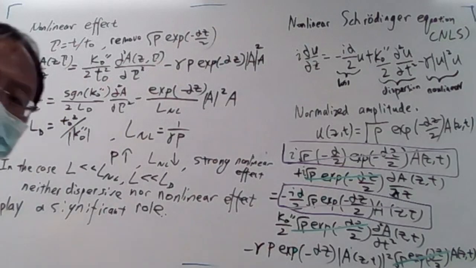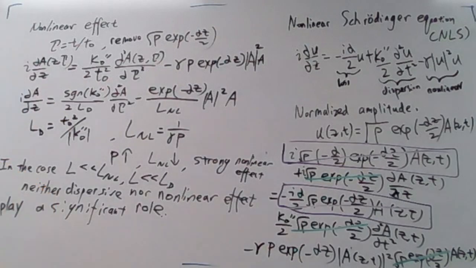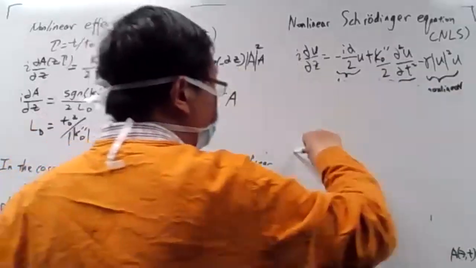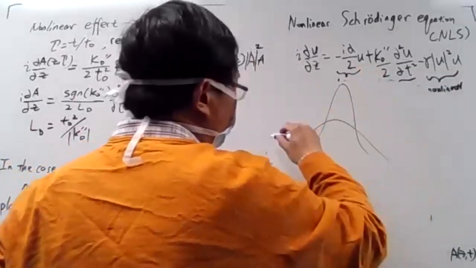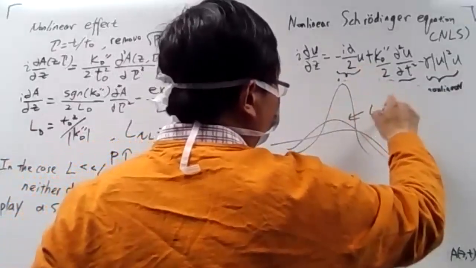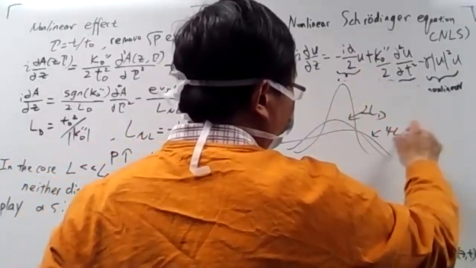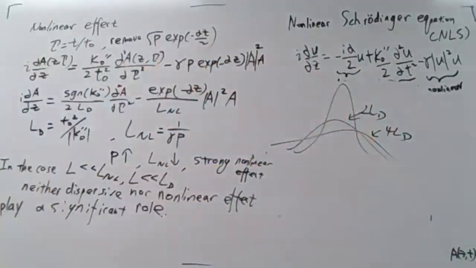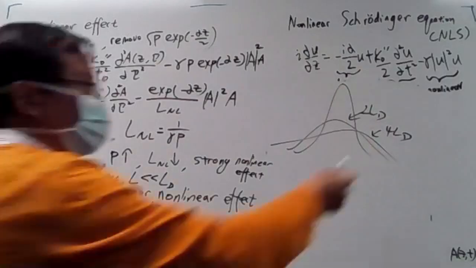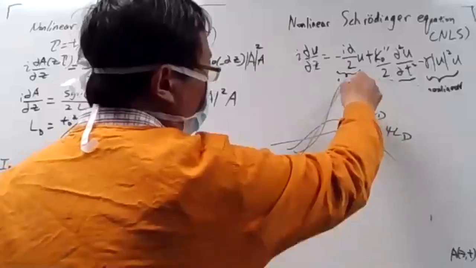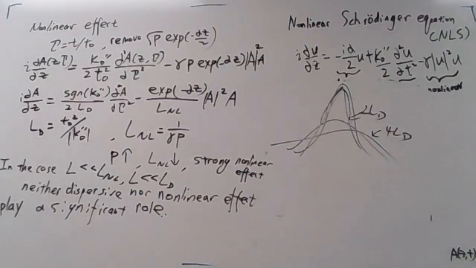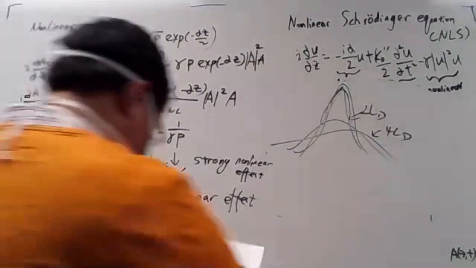We also plotted this in the homework. Remember, we have this pulse, and this is LD, 2LD, this is 4LD. It needs to be at the dispersion length in order to play an important role. So if we have almost 0.1 LD, there is almost no change.